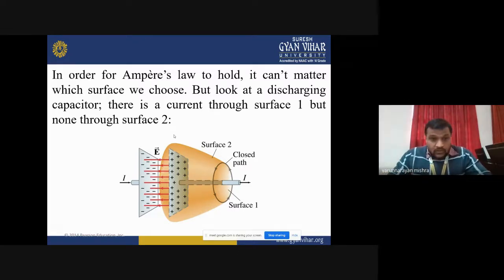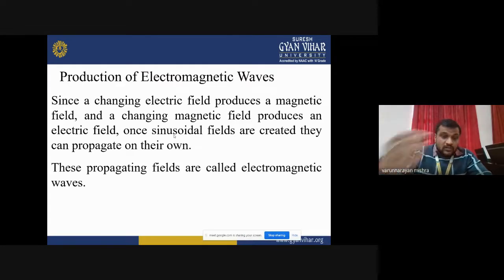Because of this movement in terms of electric field and magnetic field, there is the production of electromagnetic waves. A changing electric field produces a magnetic field, and a changing magnetic field produces an electric field.